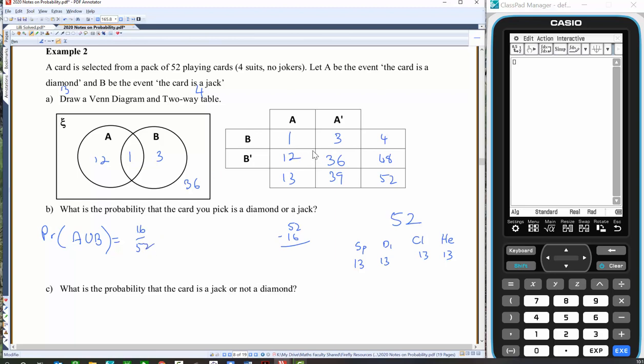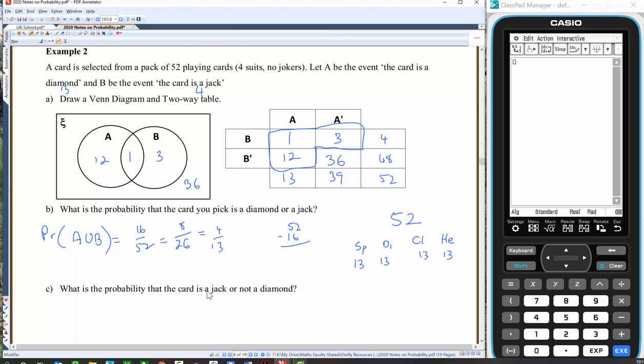You can also pick it off the two-way table by doing those ones there. It's all of those ones there, or it's not that one, not 36, is the other way to do that. Let's simplify that fraction. That's 16 over 52, divide by 4, 4 over 13.